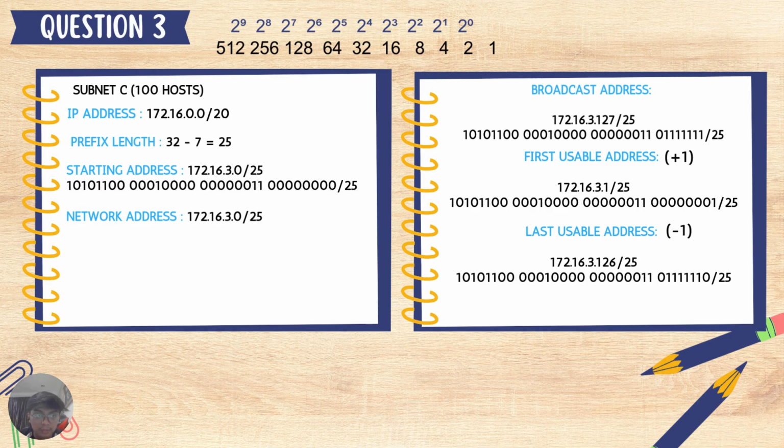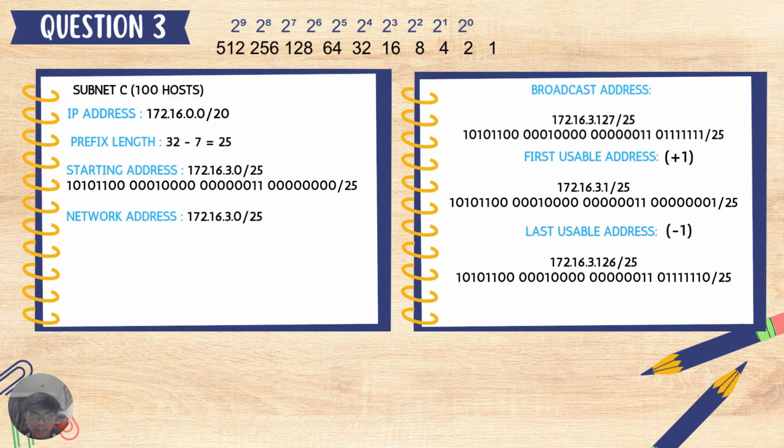Next, we continue to discuss question 3. Question 3 is subnet C, which has 100 hosts. The prefix length we use is based on 7, because 2 to the power of 7 is 128 in decimal. So we take 32 bits minus 7, which equals 25.